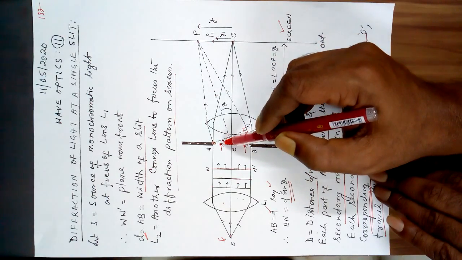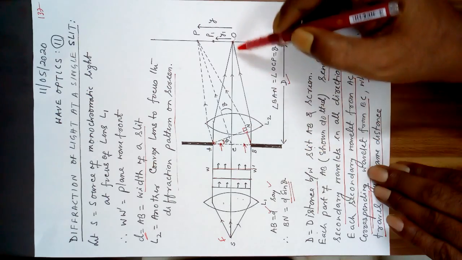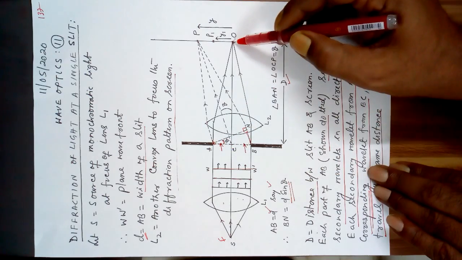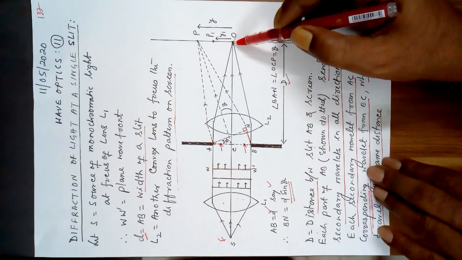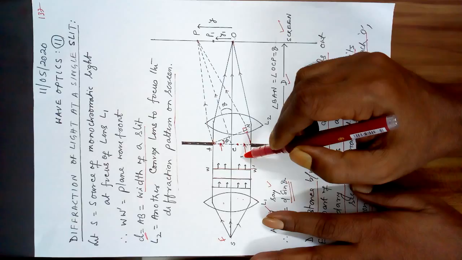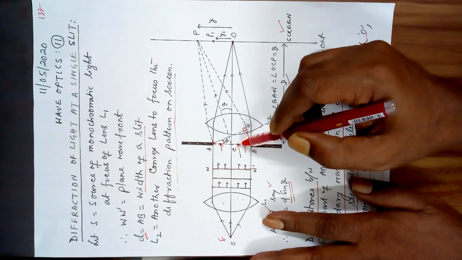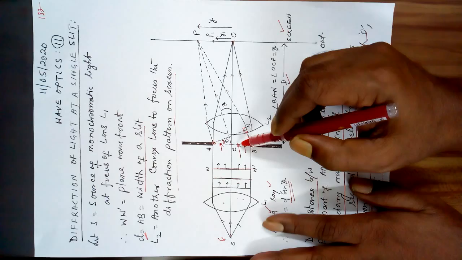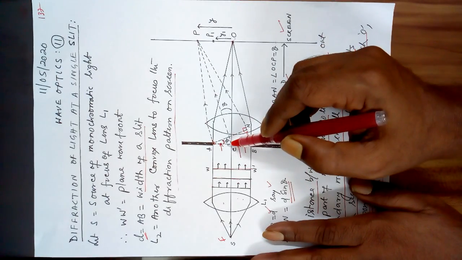The disturbance from here arriving at O and the disturbance from its corresponding place in BC, this point, arriving at O, travel the same distance. If you take another one, let's say this one in the part BC, its corresponding point in AC will be this one.